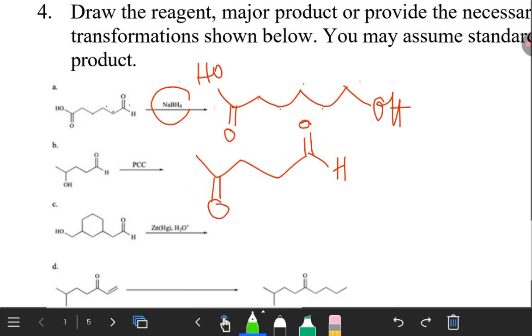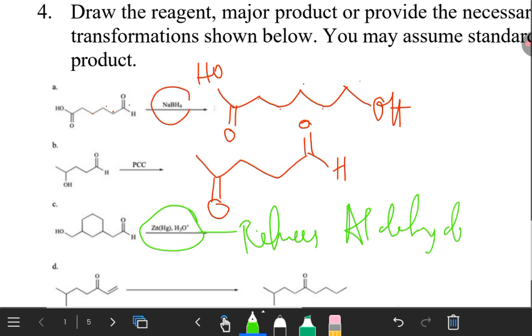So what I'm saying is that it is able to reduce aldehydes and ketones to alkanes.